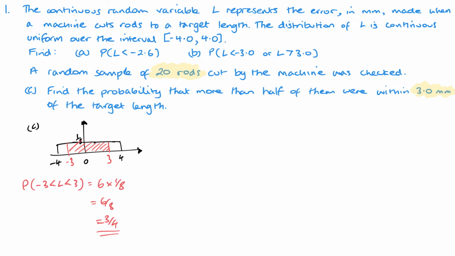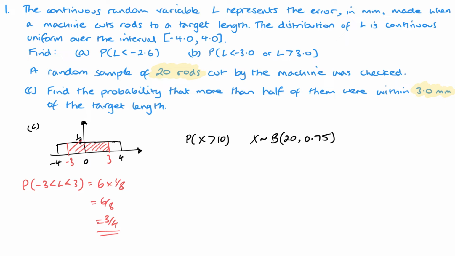And I want the probability that more than half of them were within this. So I'm looking at the probability of X being greater than 10, more than half, and X is a binomial, with n is 20, and that probability is 0.75.